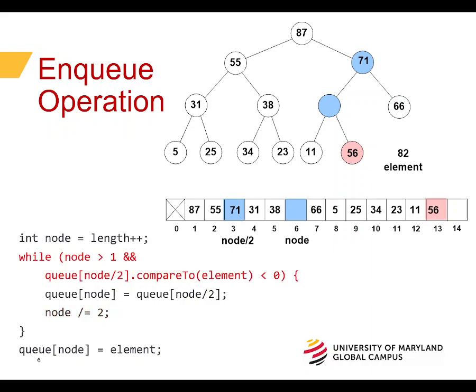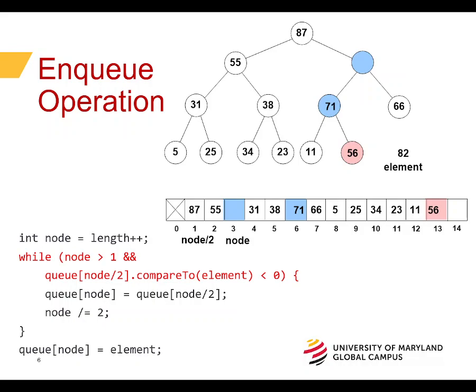The while condition is still true because node is 6, which is greater than 1, and 71 is less than 82. So 71 in location 3 moves to location 6, and node becomes 3. This time the while condition is false.